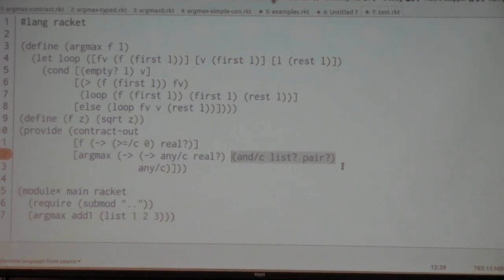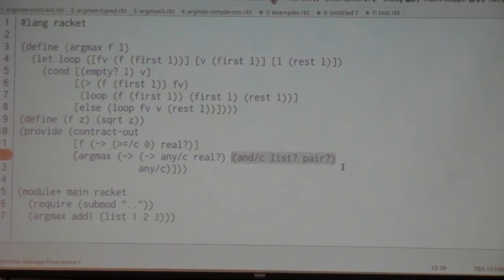Because not all pairs are lists, but all lists are pairs, except the empty list. So if something is a list and a pair at the same time, then it's definitely a list, and it's not the empty list since empty lists aren't pairs. So therefore, it's a non-empty list. And that's exactly what we're saying here.